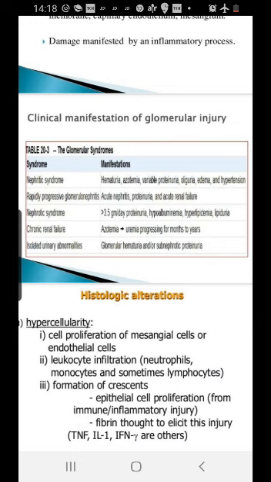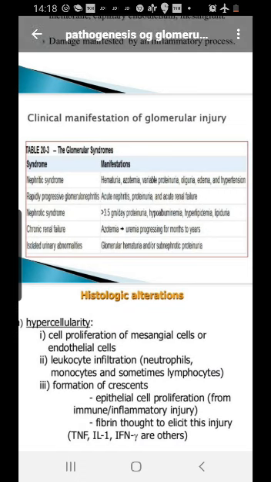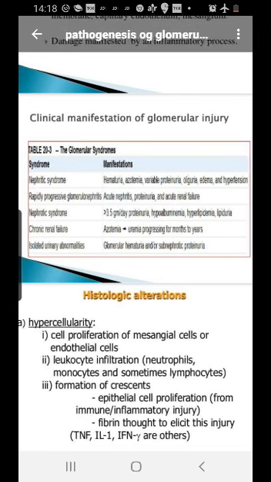In the nephritic you will see more hematuria and azotemia, while in the nephrotic you will see more proteinuria, and because of the loss of protein you will see hypoalbuminemia, then hyperlipidemia and lipiduria. What are the main causes of these abnormalities in the lipid and the albumin? We will talk about that in the next class, because the next class is on nephrotic syndrome.